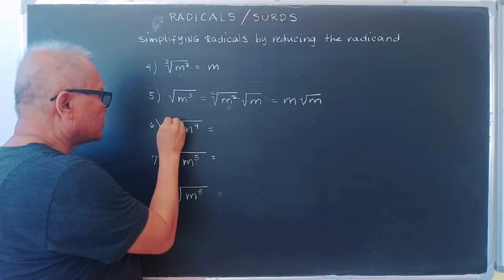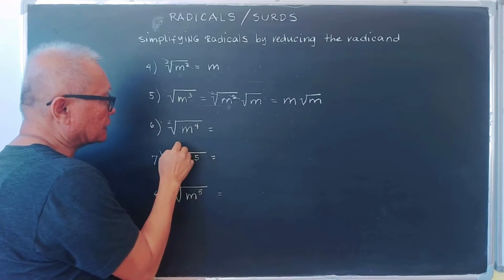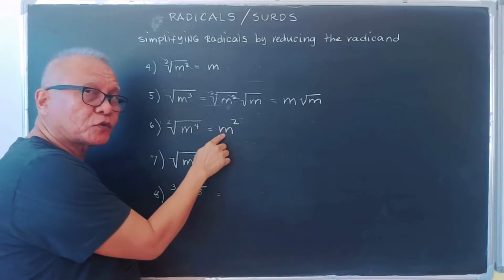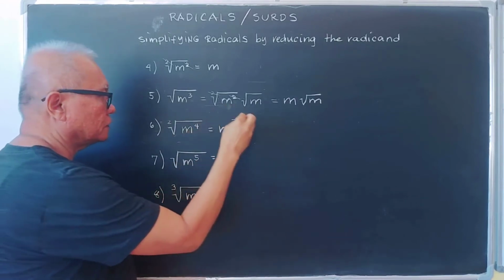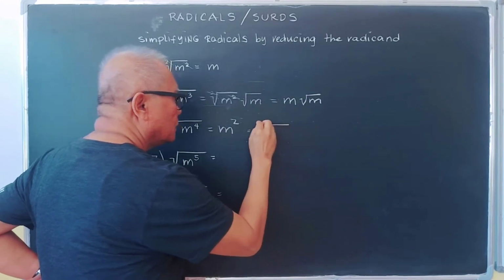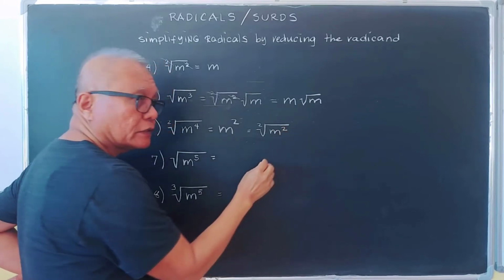Okay, this one is 2 again. So here is exactly m squared. M squared times m squared is m to the fourth. Now, if you want to expand this one, because this one is 2, you're going to write here the m squared.